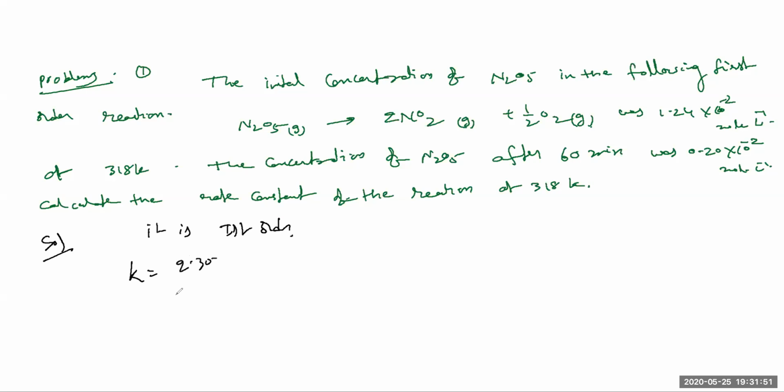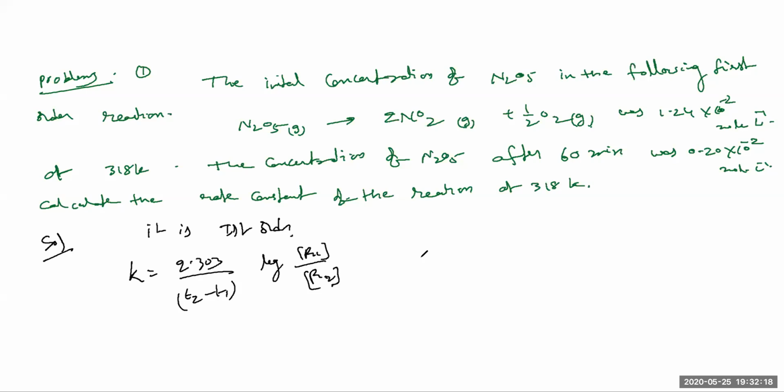Therefore, k is equal to 2.303 by the time difference, that means t2 minus t1, into log of R1 by R2. What are R1 and R2? Initial and final concentration. Both are given, right? So what do we have to find? k only, the rate constant.